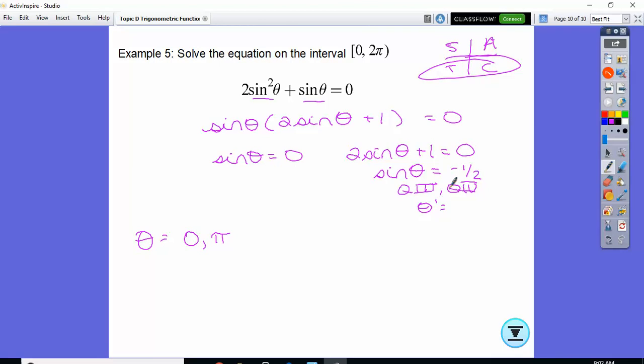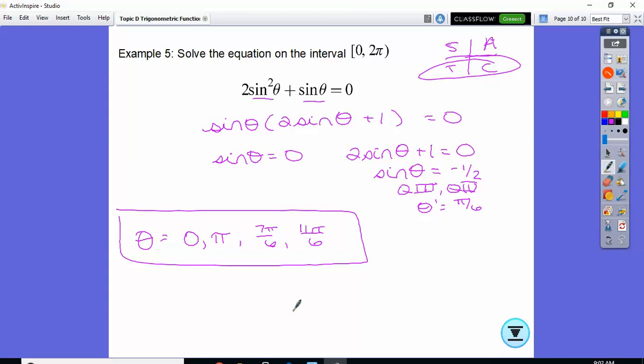So it would be at 30 degrees or pi over 6. So in quadrant 3, pi over 6, numerator's 1 more, that would be 7 pi over 6. Quadrant 4, double minus 1 is 11 pi over 6.